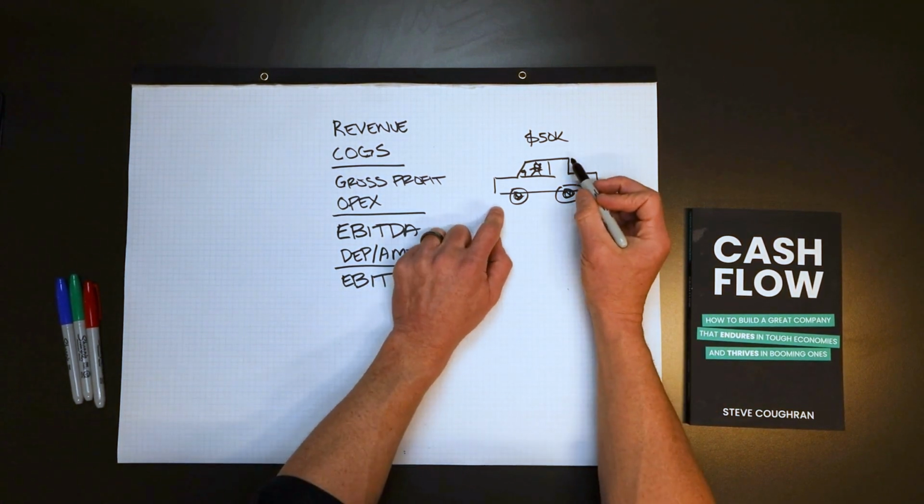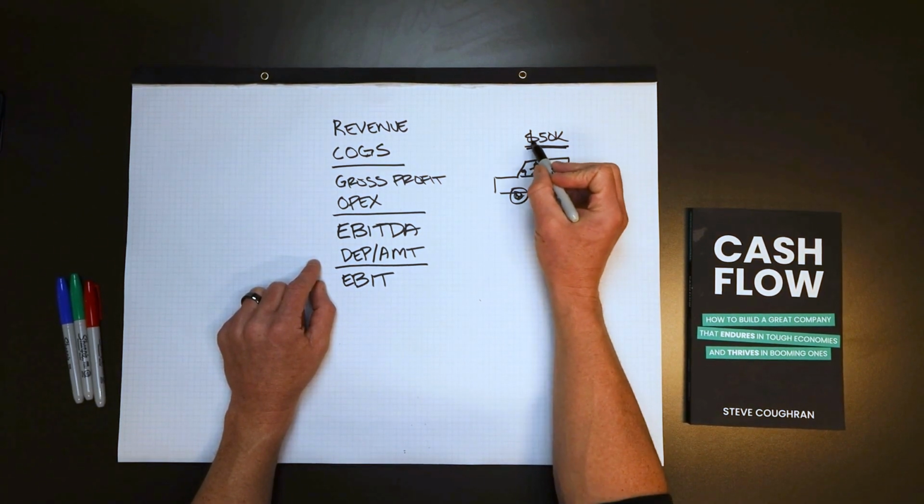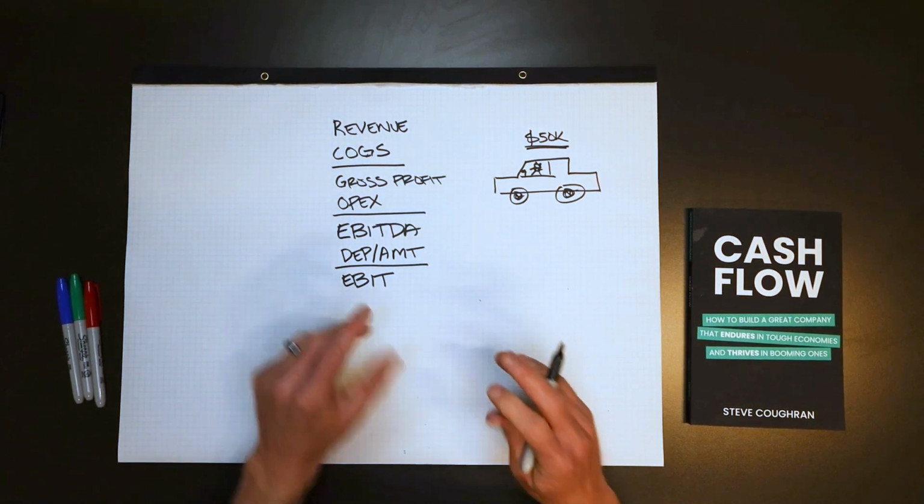It's $50,000. Well, according to GAAP, generally accepted accounting principles, and IFRS, International Financial Reporting Standards, or the IRS, right? You can't just take this $50,000 and expense it. You can't just record it in OPEX or cost of goods sold. Here's why. Because of the matching principle.